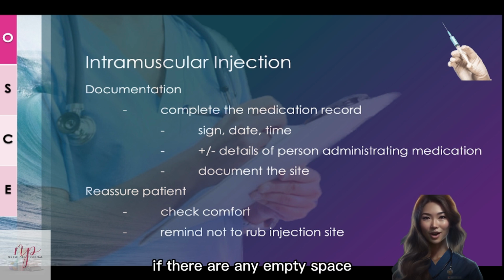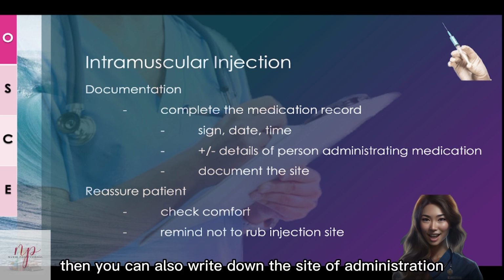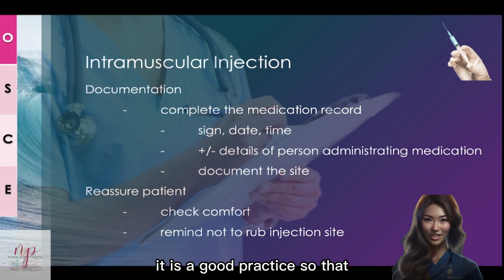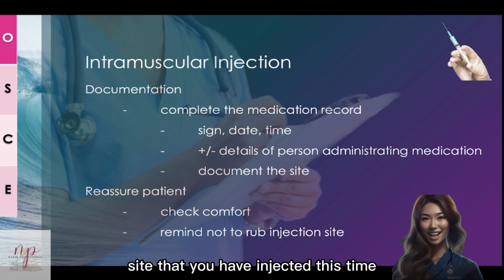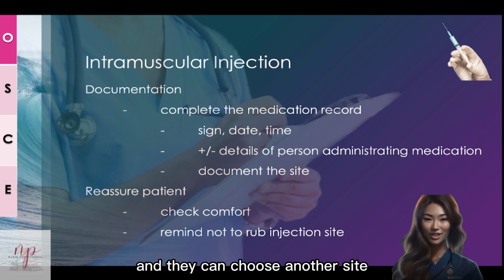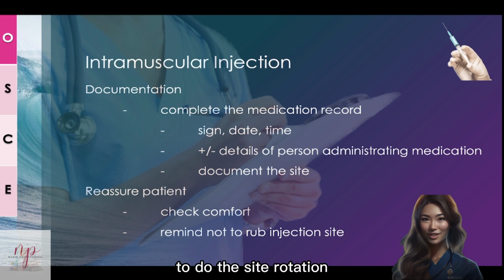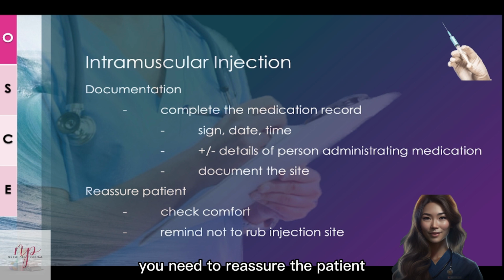If there is any empty space, then you can also write down the site of administration. It is a good practice so that the nurse on the next shift, maybe giving the next injection, will know which site you have injected this time, and they can choose another site to do the site rotation. After all the procedure, you need to reassure the patient.